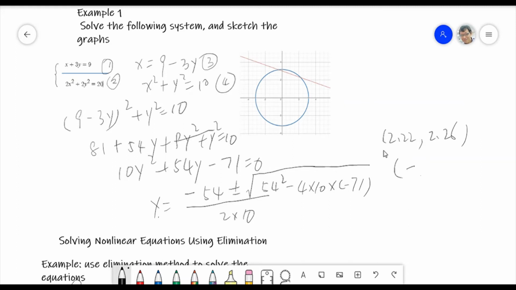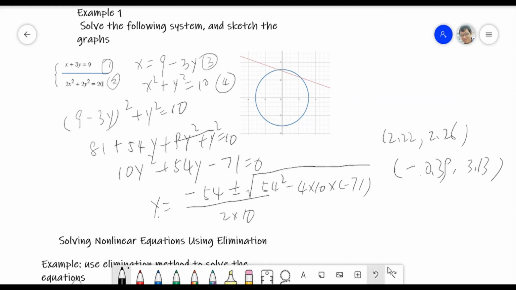Another point is negative 0.39, and the other is 3.13. So we can compare with this graph. It's negative, yes, 3. So it's right. So this is substitution.